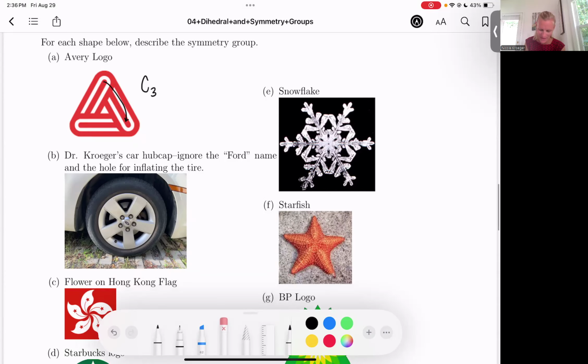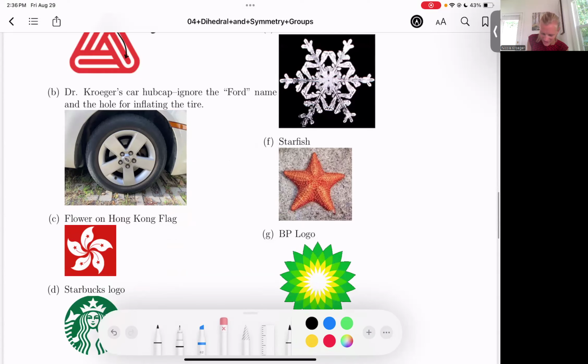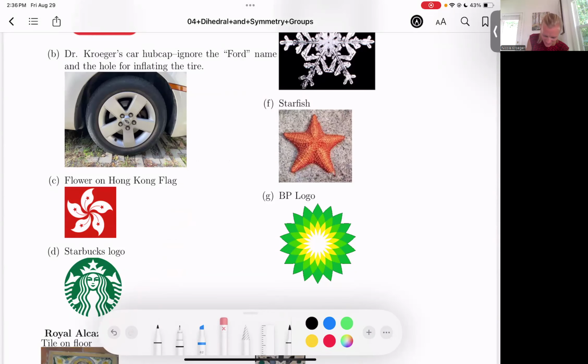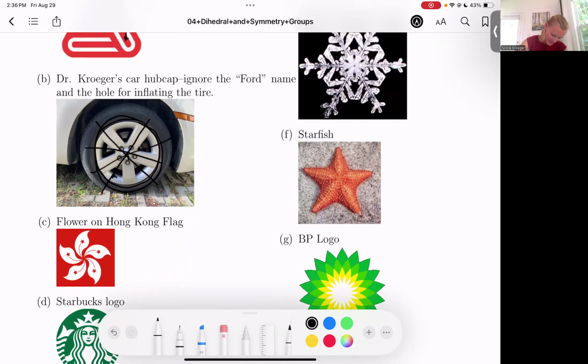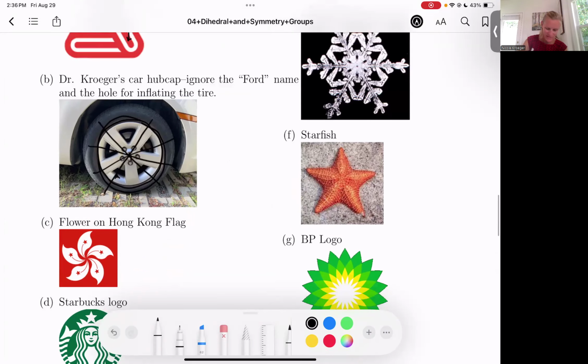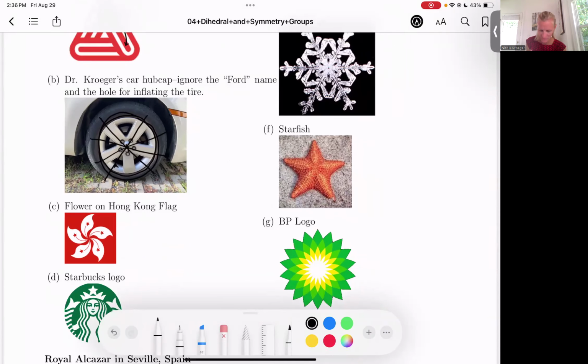Let's see. Let's look at my hubcap. So ignore the little imperfection. Ignore the Ford logo in the middle and ignore the little tire thing here. If we just look at this part in here, I notice that I can reflect across that line or across this line or this line or this line, that line, then things work out. So I have three lines of reflection, or was that more?